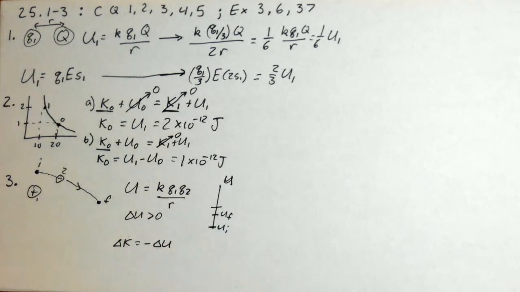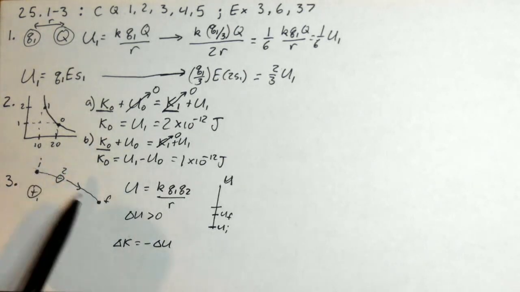Now we can check that without even thinking about energy. We can think about forces. What is the force between these two charges? Is it attractive or repulsive? It is attractive. They're opposite charges, and opposite charges attract, which means this negative charge is attracted to this positive charge.